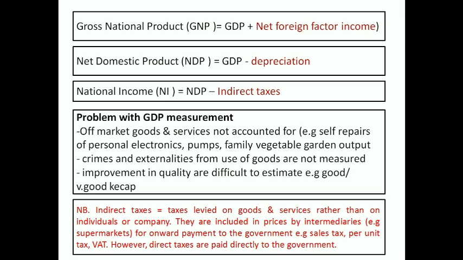As we know, direct taxes are paid directly to the government, but indirect taxes are mostly included in prices of goods and services sold by intermediaries, especially supermarkets. Examples of indirect taxes include the sales tax, the per unit tax, the value added tax, VAT.